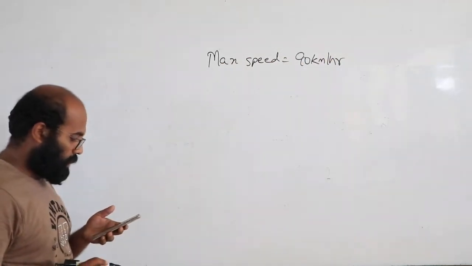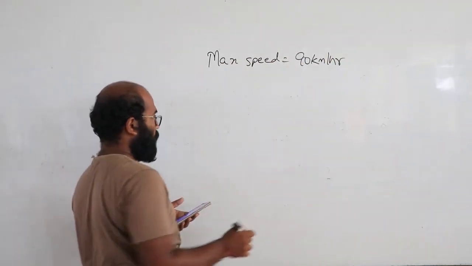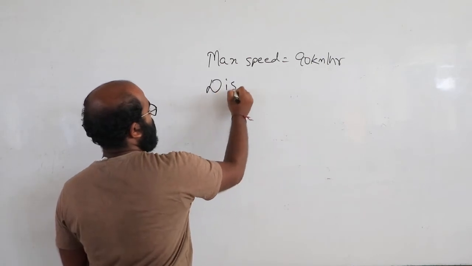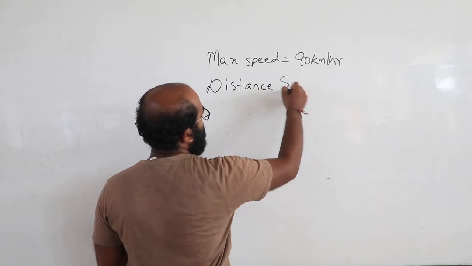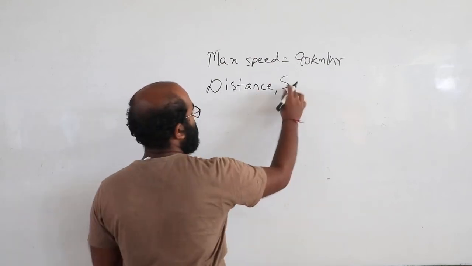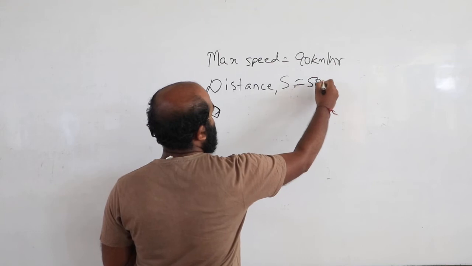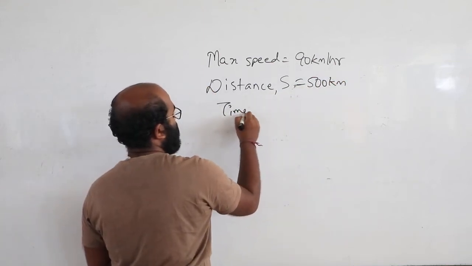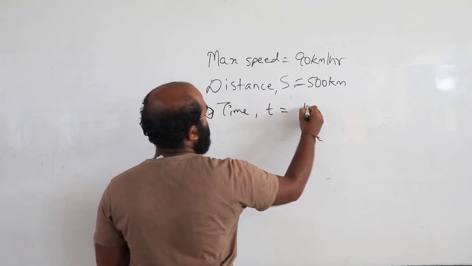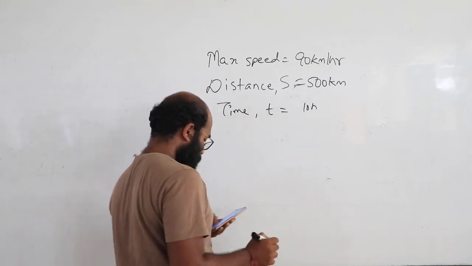What they have done is it takes 10 hours to cover a distance of 500 km. So distance, sometimes they represent using S, 500 km. Time, 10 hours.